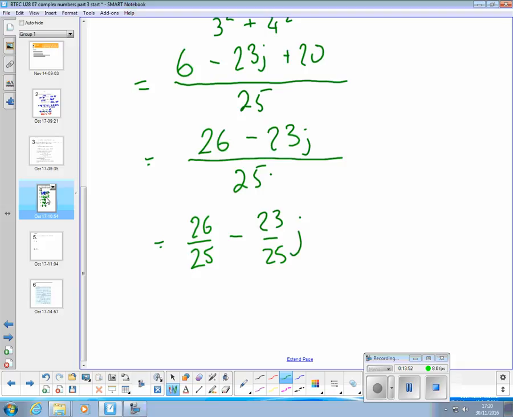Or you can divide 26 by 25 and put the result. Someone push the buttons, please. 26 by 25 is 1.04, and minus 23 over 25 is 0.92j.